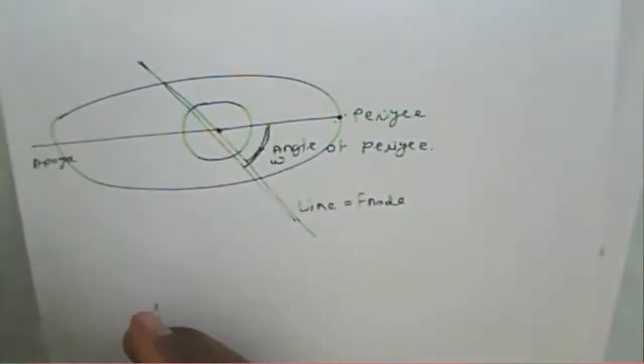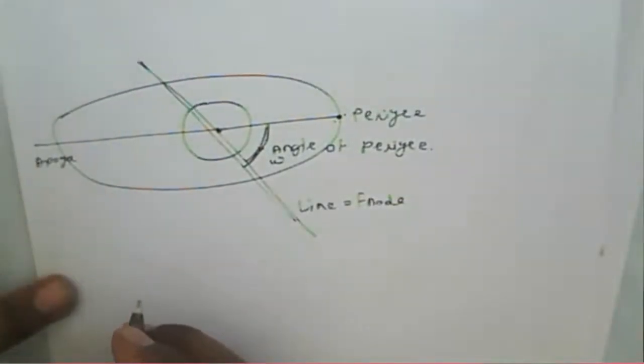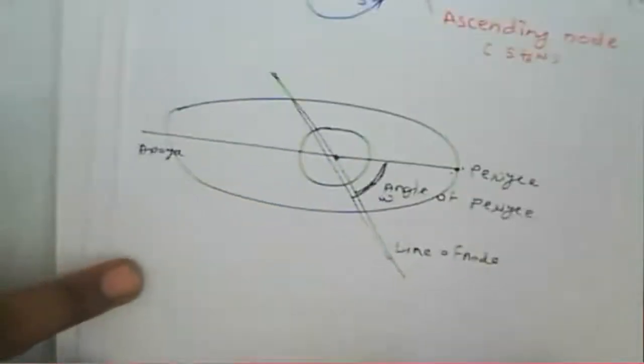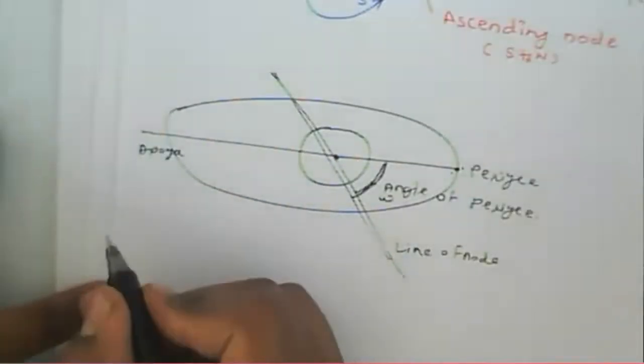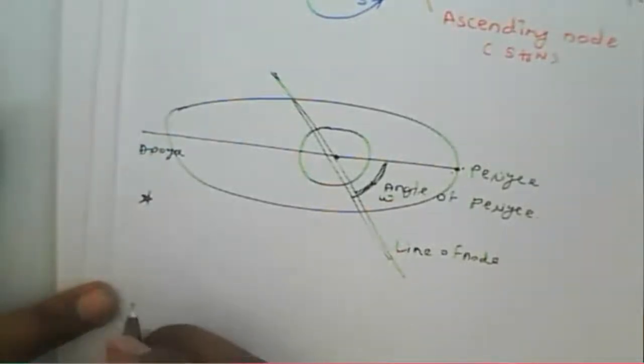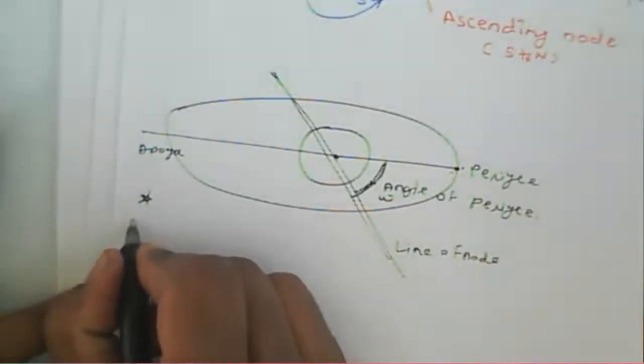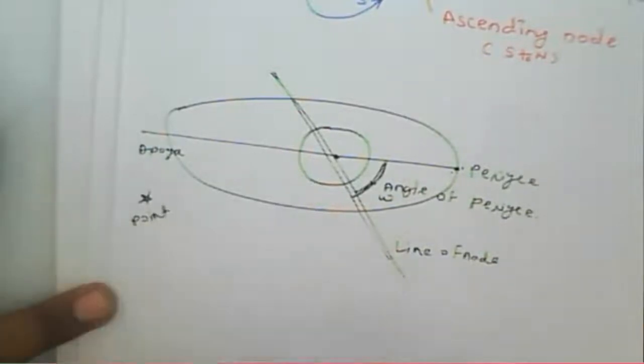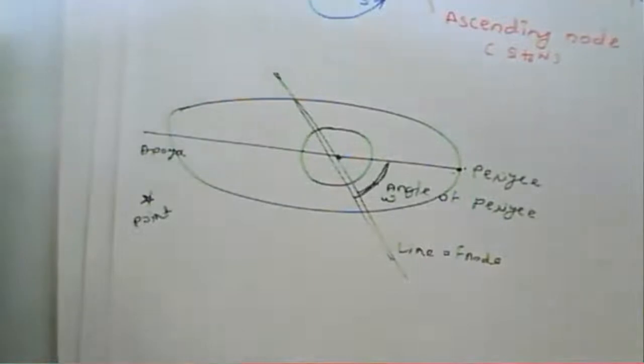We just term it omega here. Then at some particular point, which I call the vernal equinox, that point is considered as a reference.